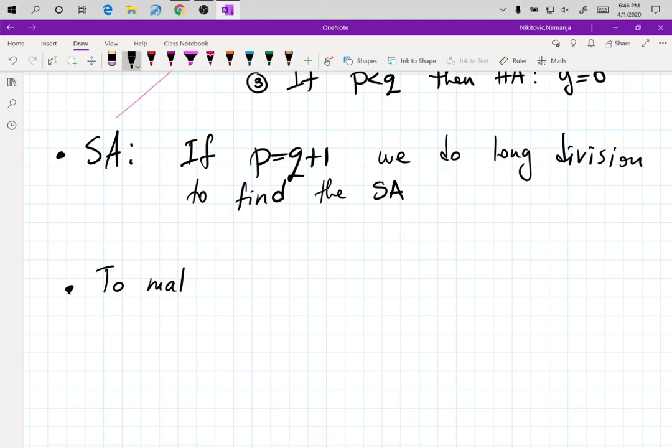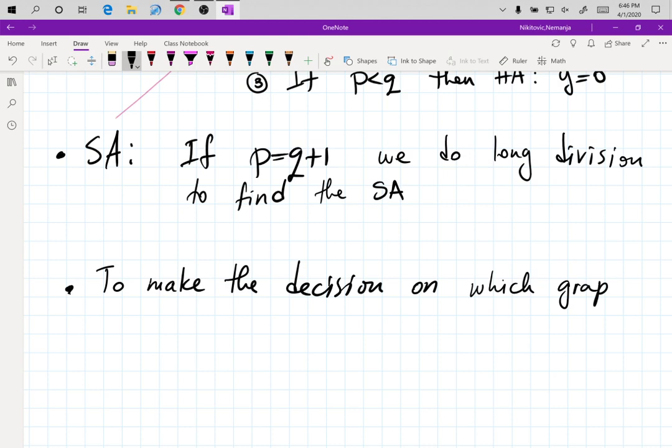To make the decision on which graph to keep and which to purge, compute a value from that region.